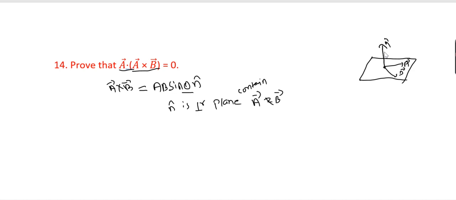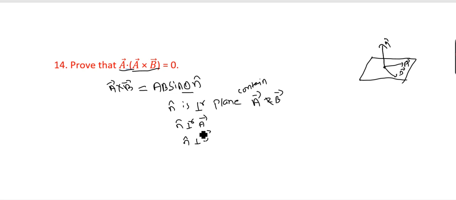So we can say that n vector is perpendicular to A vector from the figure, and also n vector is perpendicular to B vector.